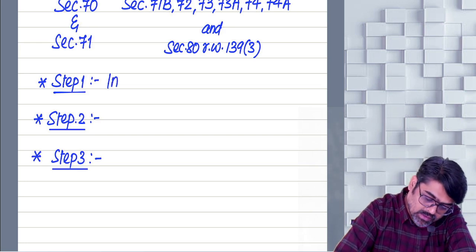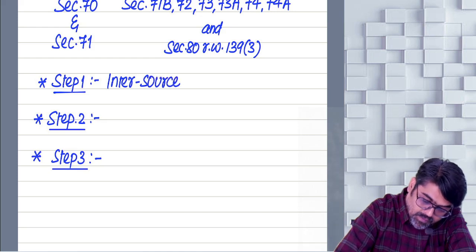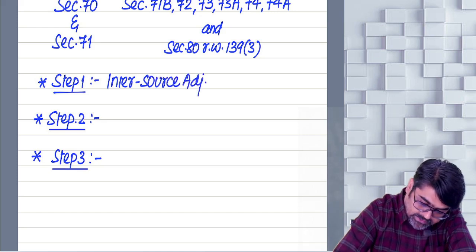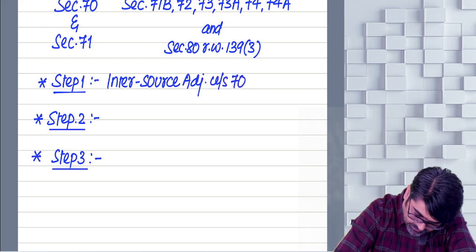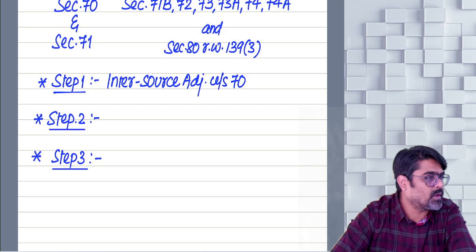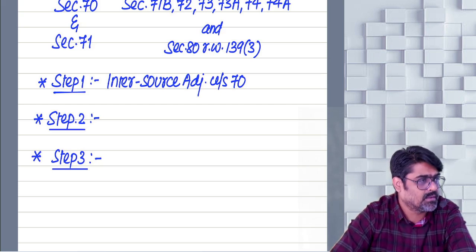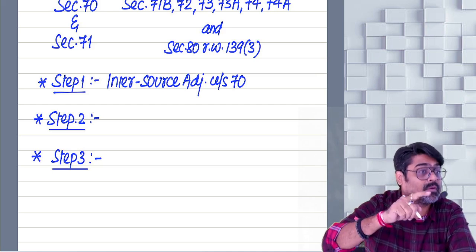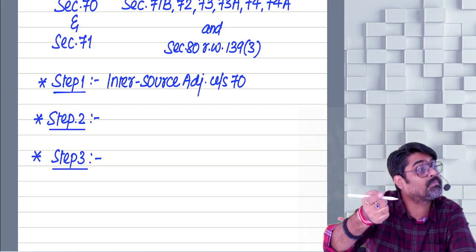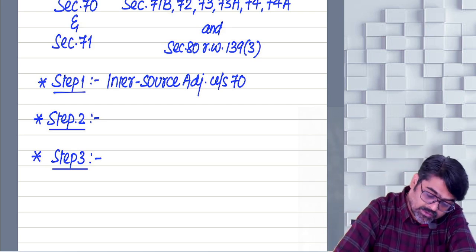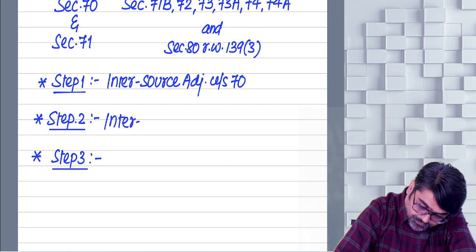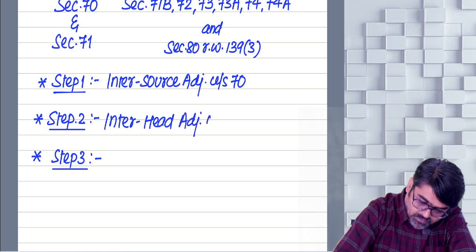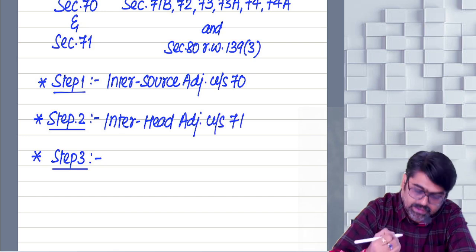That is known as inter-source set off or inter-source adjustment, given under section 70. If you cannot set off your loss within the head, then make that loss the loss of that head. And now that loss of any head will be set off against income of other heads. That is known as inter-head adjustment or inter-head set off under section 71.